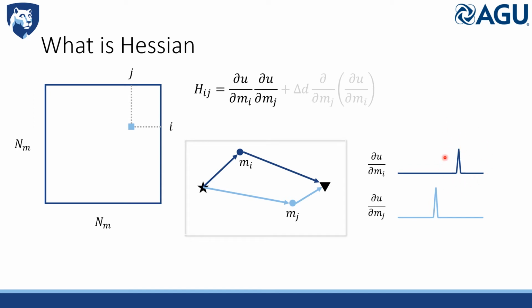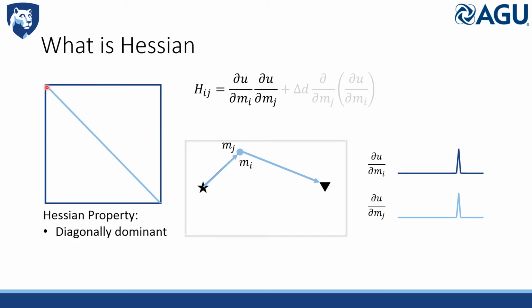Then, aside from the multipathing scenario, the correlation, namely hij, is generally zero, unless mi and mj coincide with each other, like this one. As a result, the Hessian has non-zero values only on its diagonal, where mi and mj are the same point. So the Hessian is a diagonally dominant matrix.